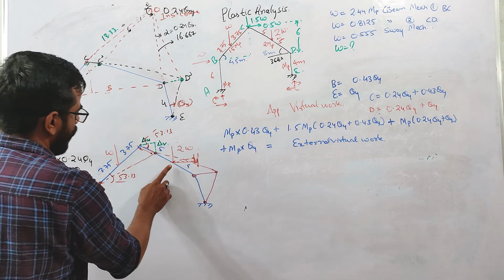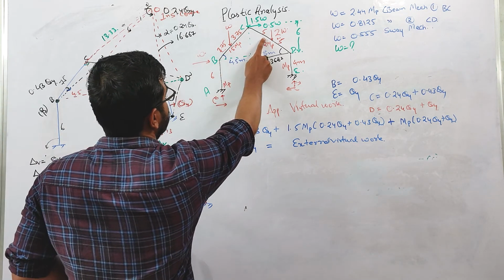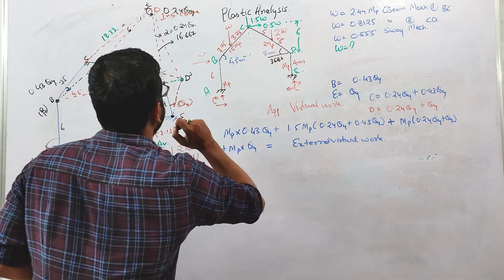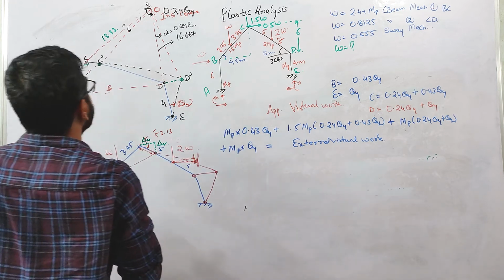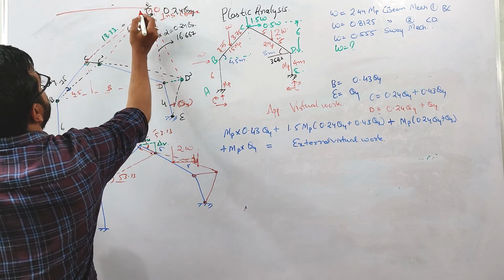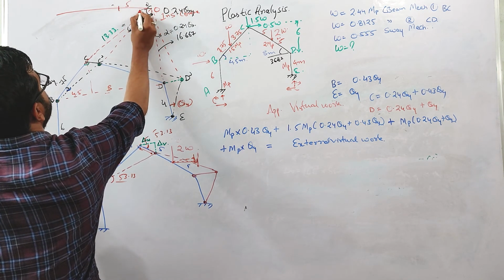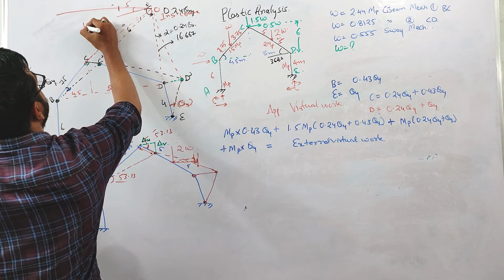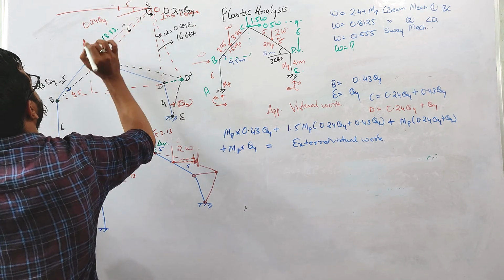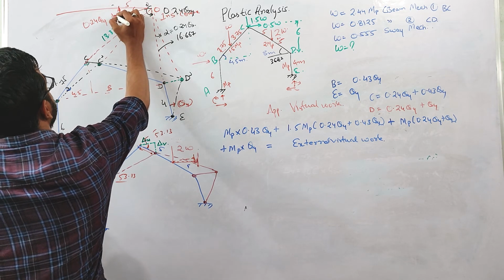Okay, so now you want to calculate the displacement under this point. This load is acting at a distance of 5 meter from this point. Again we'll be drawing one line. From here at a distance of 5 meter, if you rotate this member by 0.24 theta 4, this will give me the vertical deflection.